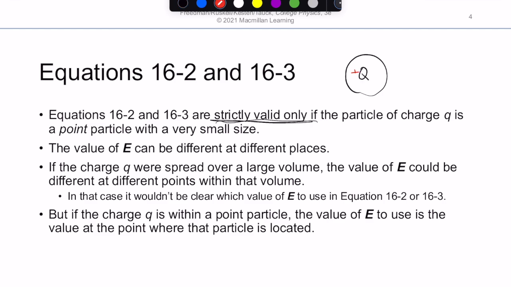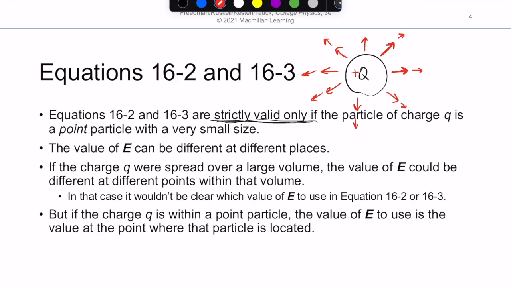If he's positive, this is what his electric field vectors are going to look like. They're going to be really strong, with a big, long magnitude right here. Then the farther away you get, the field vectors are going to get smaller and weaker, because the electric field gets weaker the farther away you get from the source of the field.